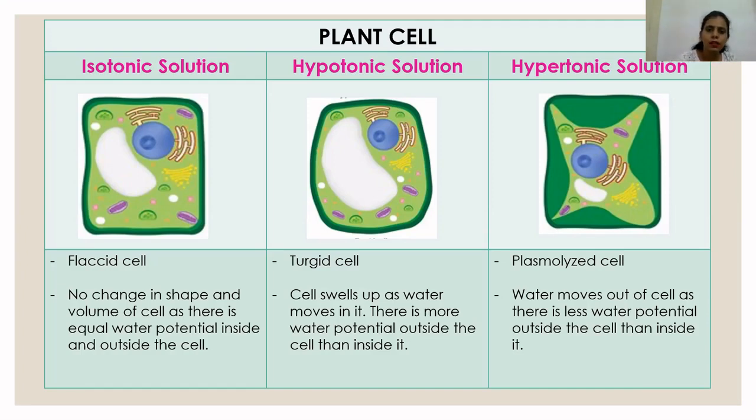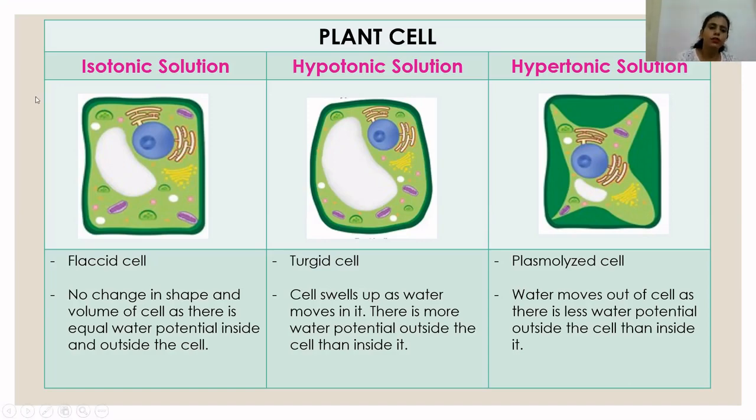Next is the isotonic solution. Whenever a plant cell is placed in an isotonic solution, you are aware that the net movement of water molecules is zero. That means an equal number of water molecules enter the cell and an equal number leave the cell.